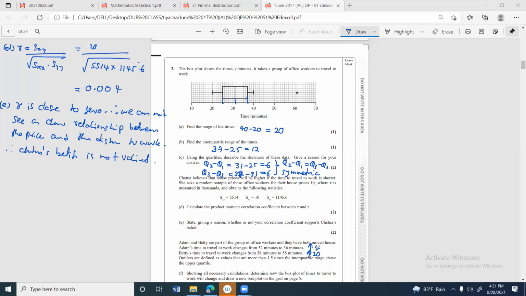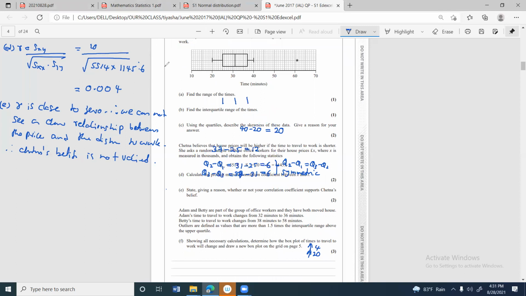Outliers are defined as values more than 1.5 times the interquartile range above the upper quartile. Showing all necessary workings of the calculation, determine how the box plot of time to travel to work will change and draw the new box plot. Right. So what you can see here is it's a 3-mark question. Now let's see how to do this part of it.